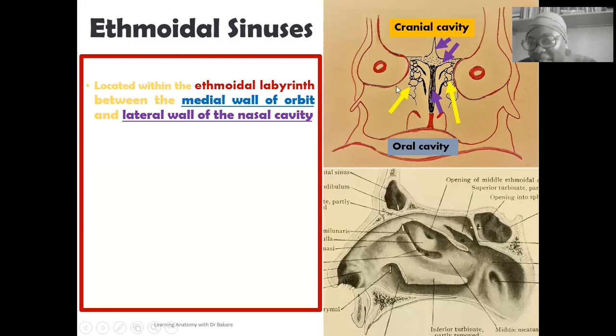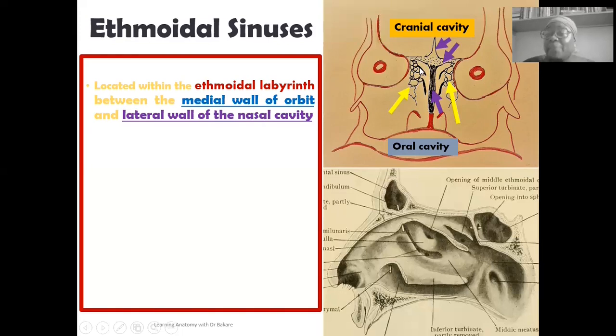And that is why it is located between the medial wall of the orbit and the lateral wall of the nasal cavity, because it is located within the ethmoidal labyrinth.